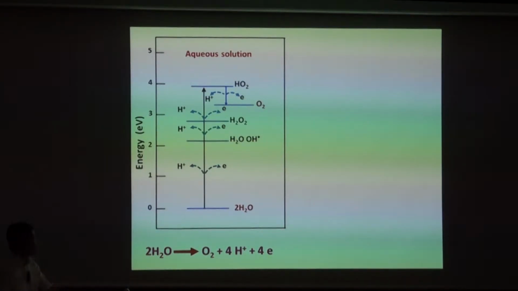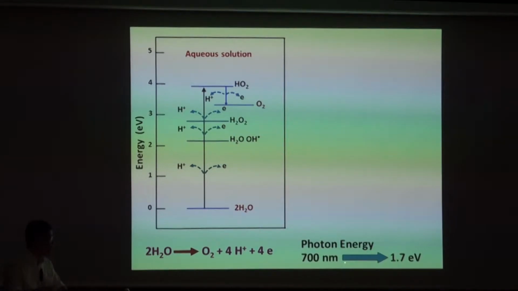When you consider the activation energy required for each step of this reaction, you can see the first step is the most difficult one. It requires an energy of more than 2.0 electron volt.